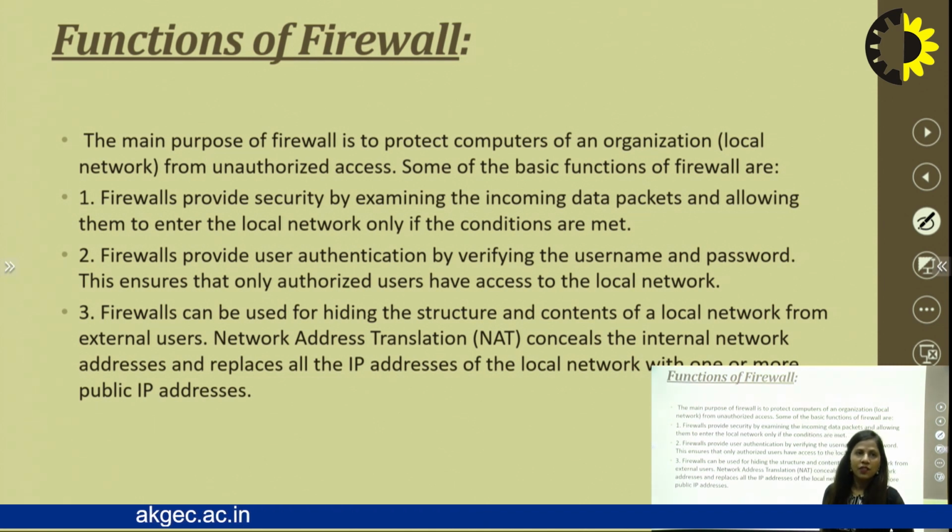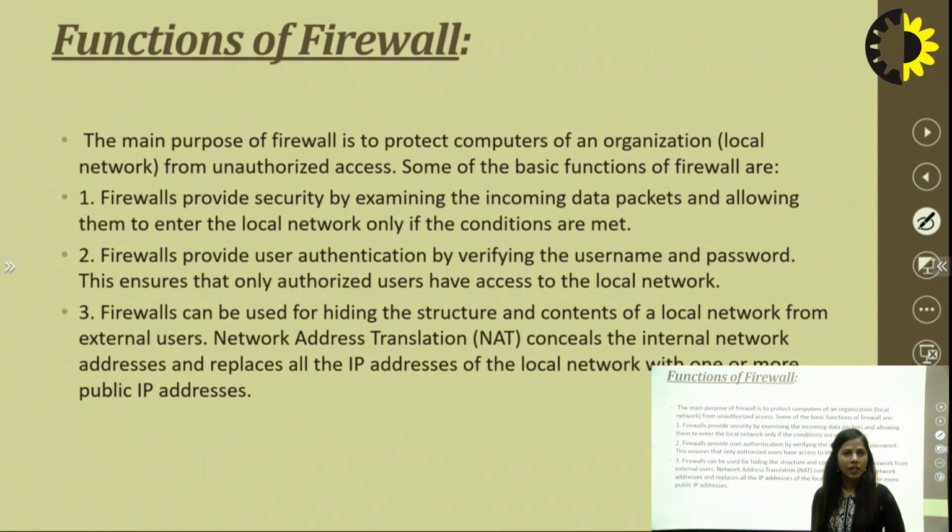The main purpose of the firewall is to protect the computers of an organization, for example a college campus, an MNC or any local organization, where outsiders cannot access the data without authorization. So the main purpose of the firewall is to protect the local organization's network, so no outsider can attack that particular system or network. To avoid access by unauthorized persons, it is used as a firewall. These are the various functions of the firewall.